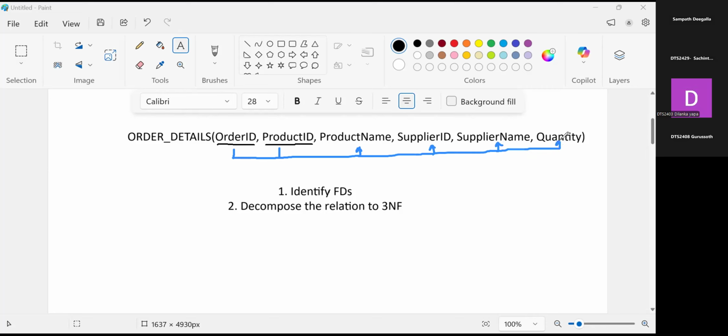But particularly this one, using both, we can functionally determine the quantity. Definitely should be there. So using both order ID and product ID, we can determine the quantity.